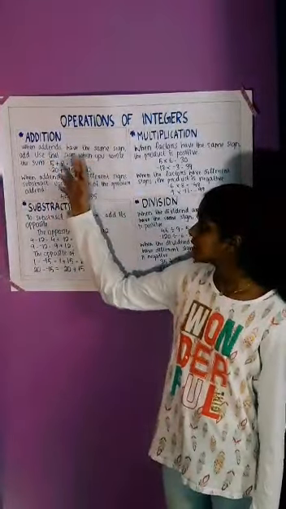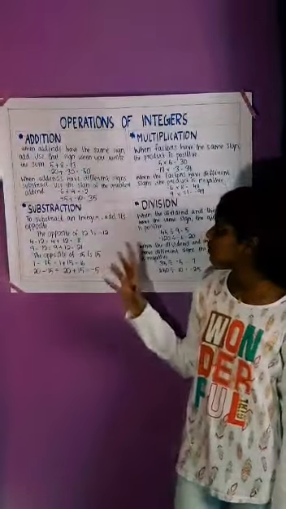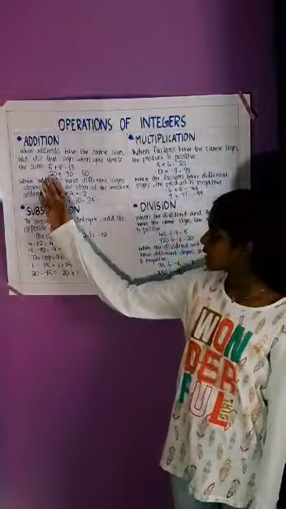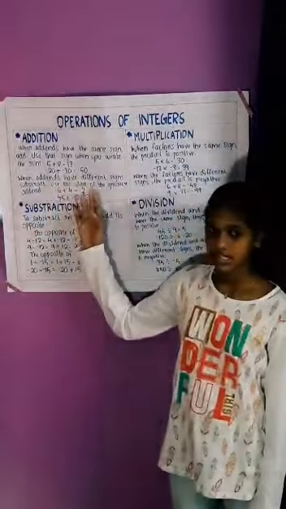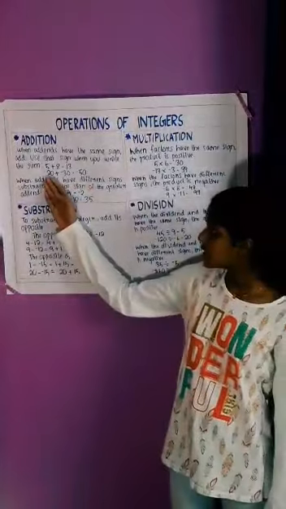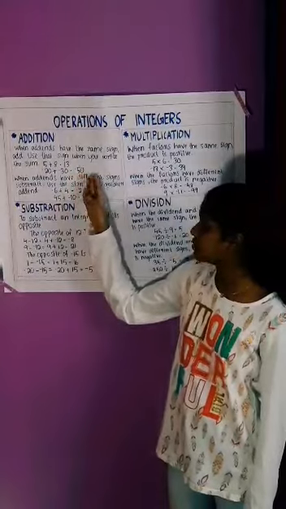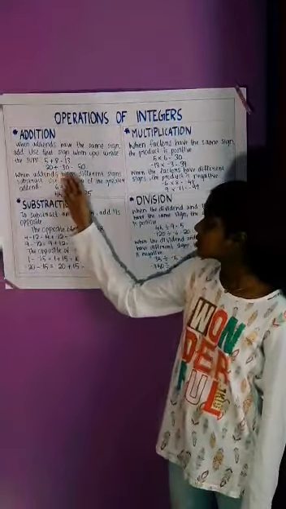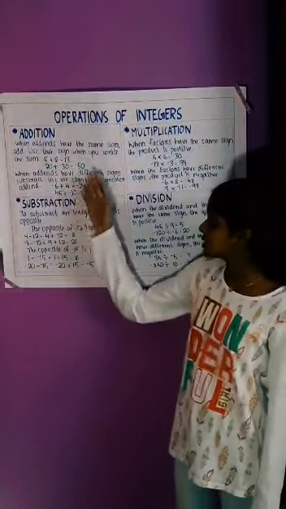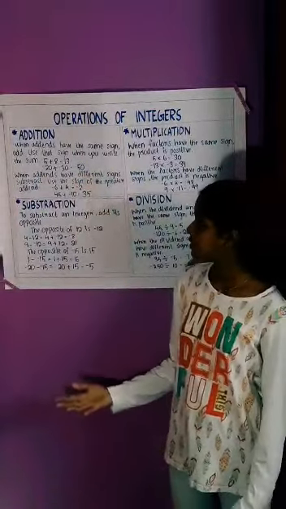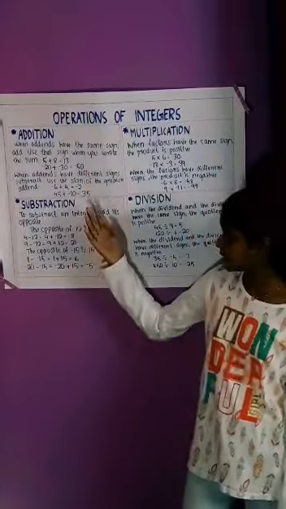Here we can see the three integers have one sign, that is positive. It also applies to negative integers. Example, -20 plus -30 is equal to -50. Here also all three integers, including the sum, have the negative symbol.